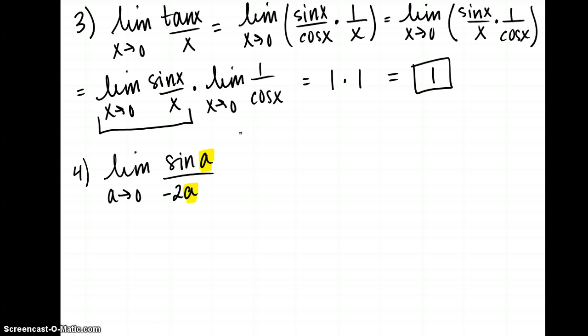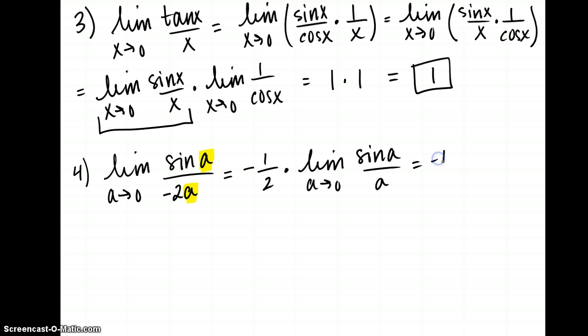What we can do, however, this negative 2 in the bottom isn't affected by the limit statement at all. So I'm going to bring out a negative 1/2, multiplying by negative half. And then I'm going to rewrite my limit statement without that 2 in the denominator.